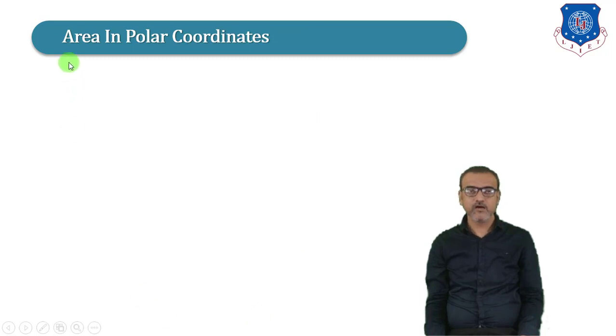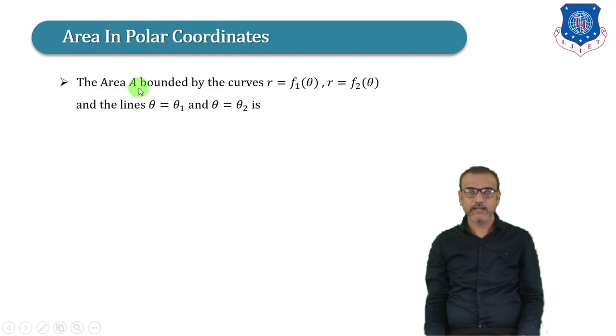Now we will see how to find out the area in polar coordinates. The area A bounded by the curves r equals f1(theta), r equals f2(theta), and the lines theta equals theta 1 and theta equals theta 2 is A equals integration from theta equals theta 1 to theta equals theta 2, integration from r equals f1(theta) to r equals f2(theta), r dr d theta.